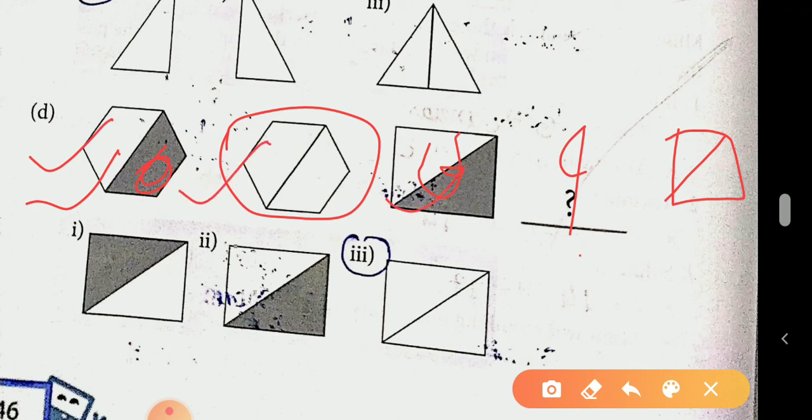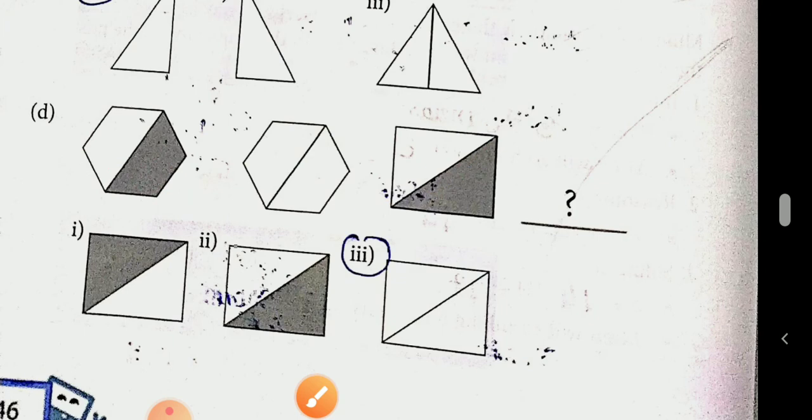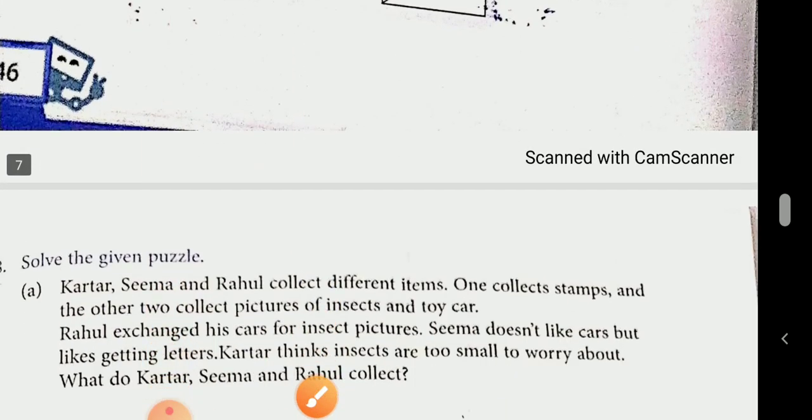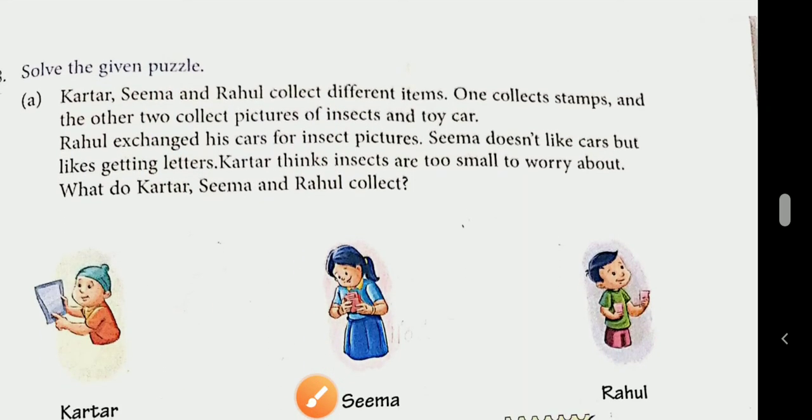Here the first shape is filled with color and second one is an empty shape. So you can draw your answer without filling the shape. Okay, now we move to our next point.